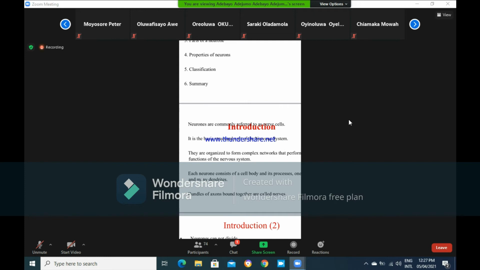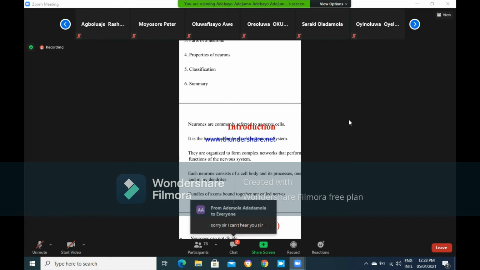Through those mechanisms, the nervous system controls the activity of the endocrine system. So even though the endocrine system plays a major role, the nervous system is still the super controller, because it also controls the activities of the endocrine system, directly and indirectly to a large extent. So neurons are organized to form complex networks that perform the functions of the nervous system.